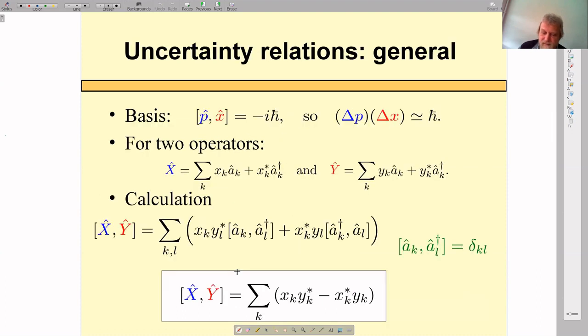Let me talk about uncertainty relations. Let me first describe those in general. Let me talk about the uncertainty relation for something that you know, for momentum and coordinate.